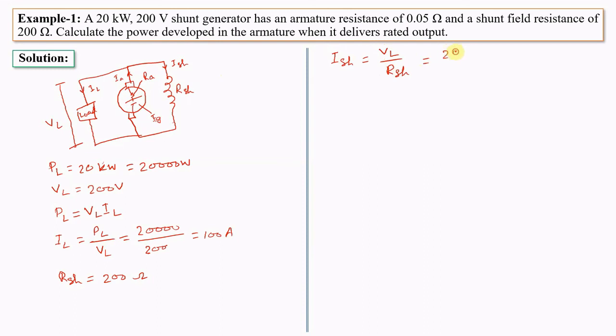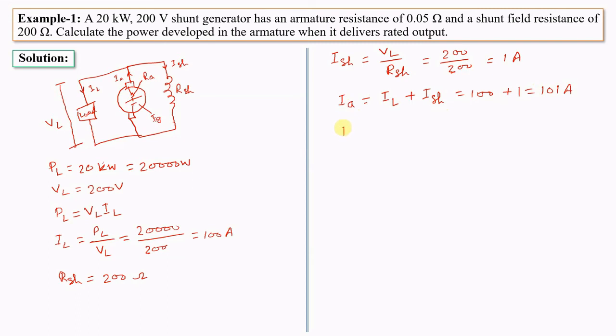So it will be 200 upon 200, means 1 ampere. Now in case of shunt generator, the total armature current is the summation of the load current and the shunt field winding current. Therefore, it will be 100 plus 1, that is 101 ampere. This is the total armature current.